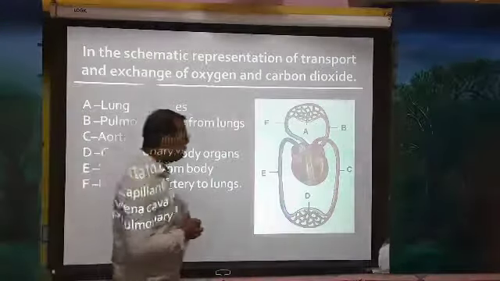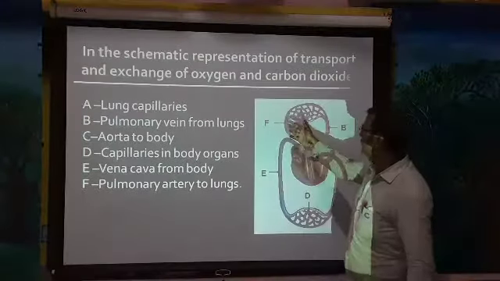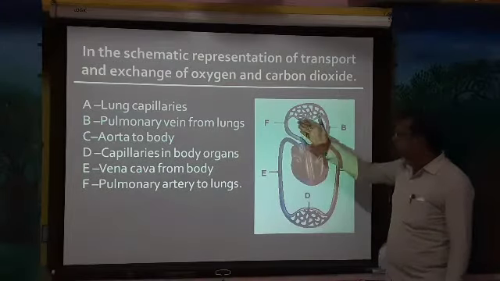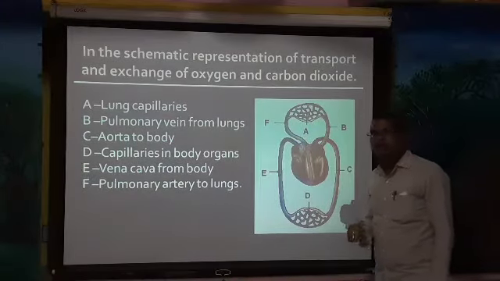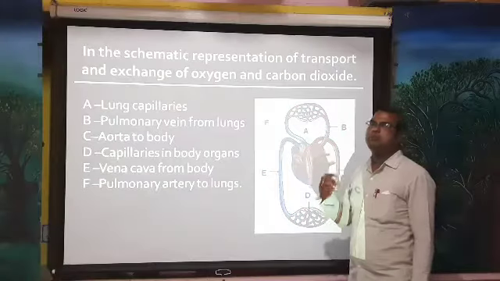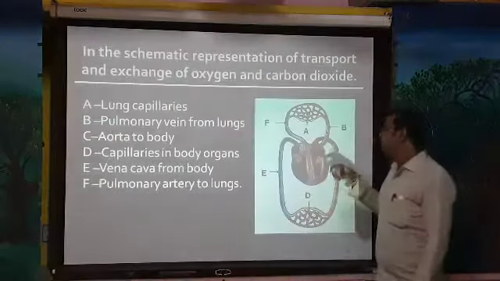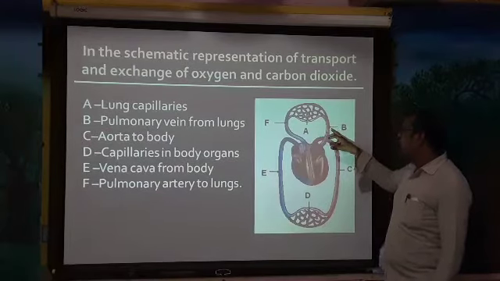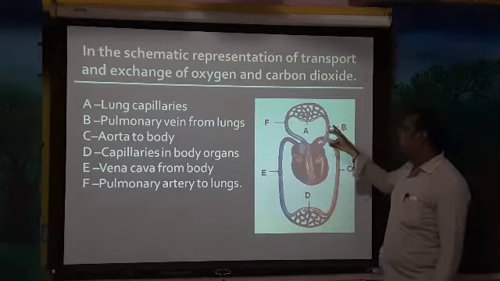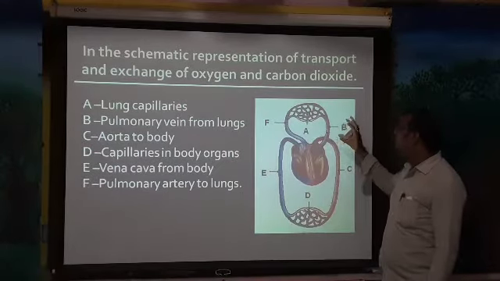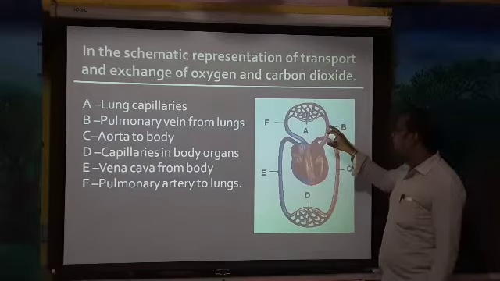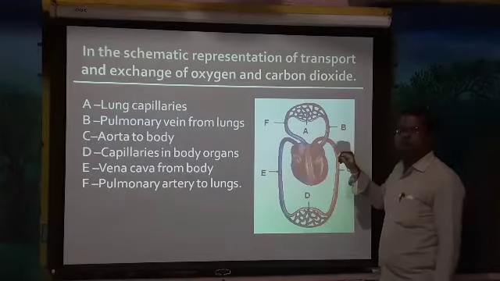Let's check here. These are the points from A to F which give a clear idea of how the blood circulates. We will start from B, which is the part that carries the blood from the lungs.